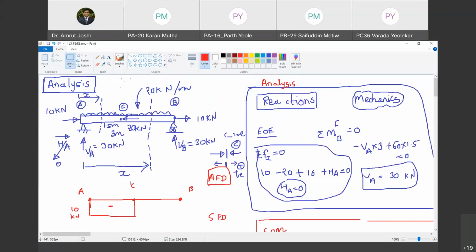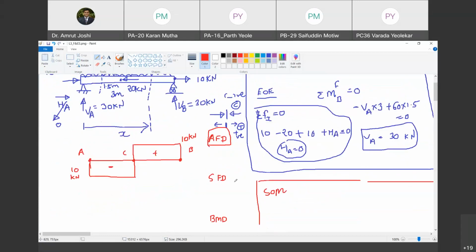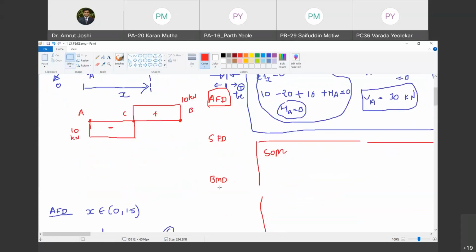So there is an abrupt shift from compression to tension here. We will discuss this abrupt shift a little later, but this is plus 10 kilonewton. Do you agree with me? This is how the axial force diagram looks like. Yes, sir. Happy?